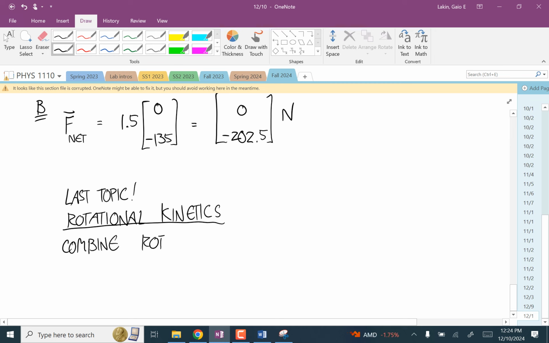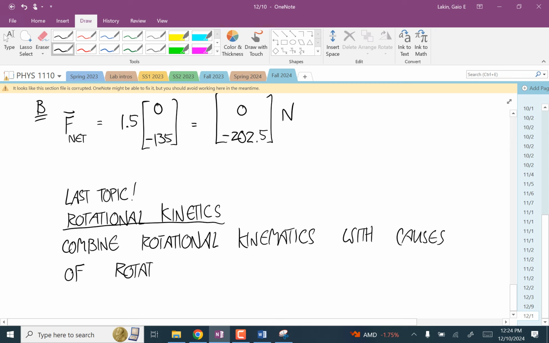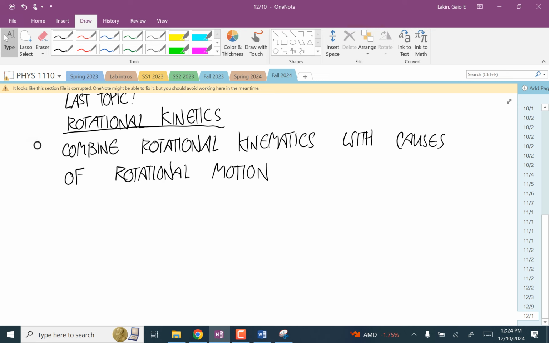So we're combining now rotational kinematics with the causes of rotational motion. And the big equation, well, remember with particle kinetics, the big equation was Newton's second law.